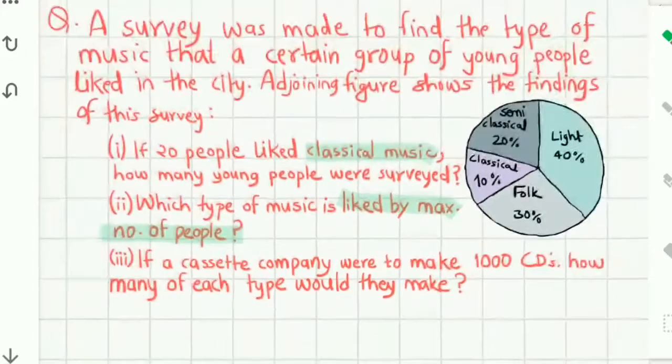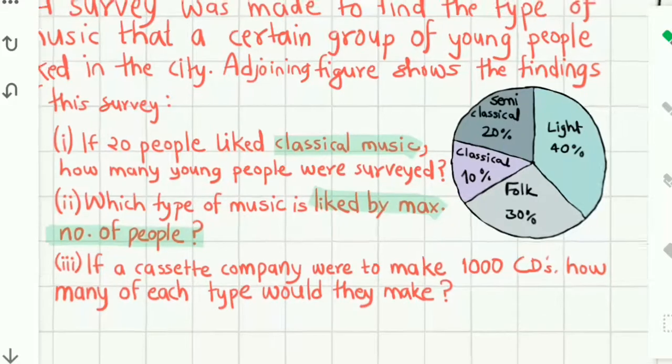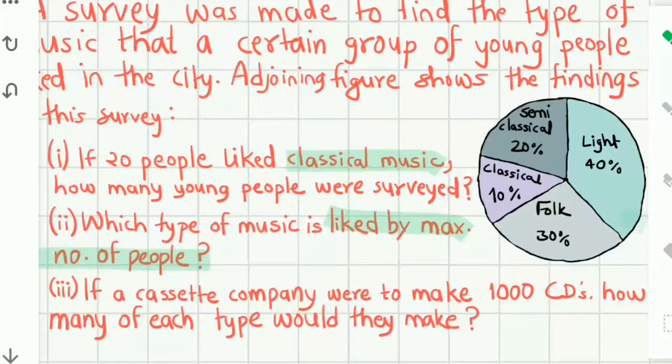Okay. The third question is, if a cassette company were to make 1000 CDs, how many of each type would they make? So if they are making their cassettes based on this particular survey, then they would make 40% of the cassettes light music, 30% folk music, 10% classical and 20% semi-classical.